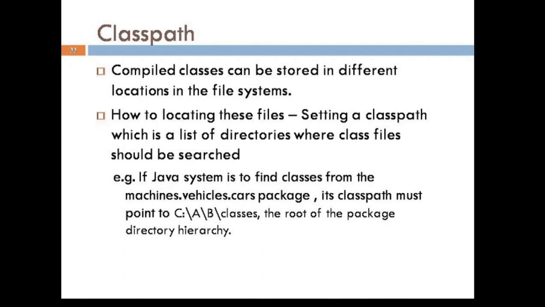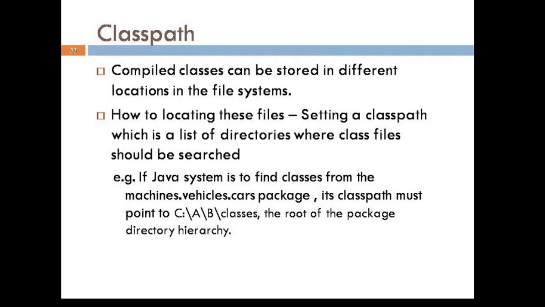This dot class file is the file that has the bytecode data, and it is expected by the interpreter or the Java virtual machine, and then it is converted to native machine code.